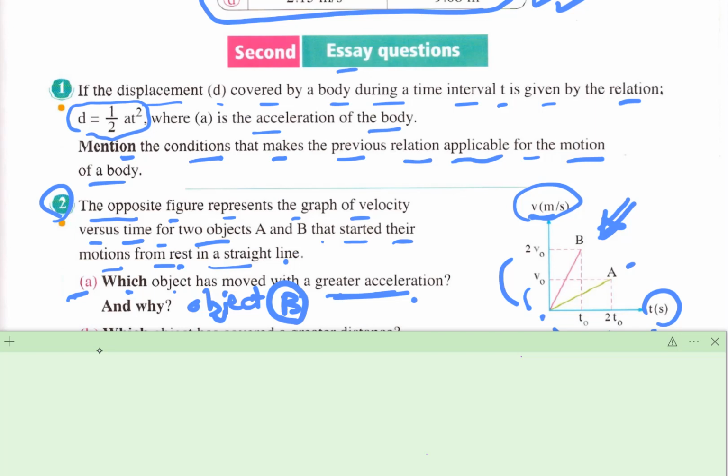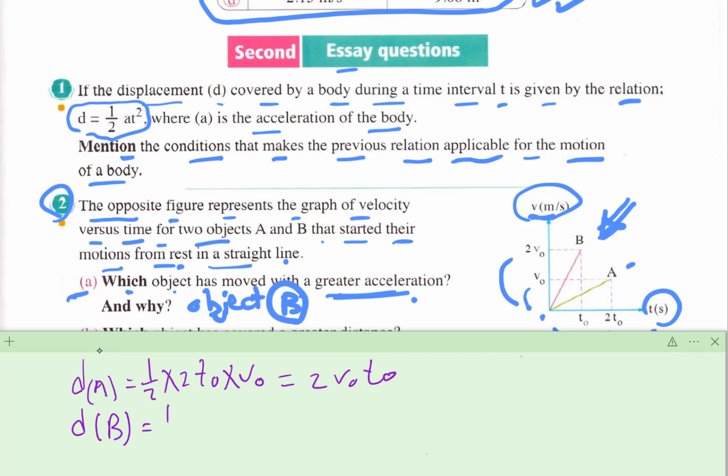The area to get the displacement for A equals half the base 2T naught times the height V naught. It equals V naught T naught. The displacement for B equals half times the base for B, T naught, times the height for B, 2V naught.